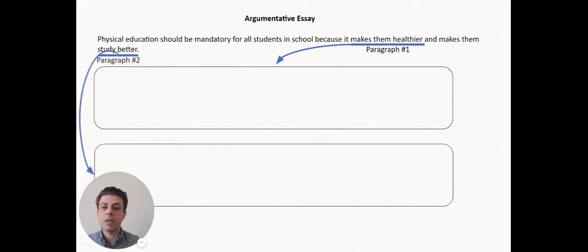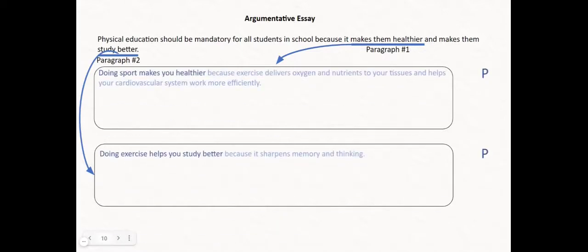And the second reason is it makes them study better, which is going to be our paragraph 2. Each paragraph has to have a topic sentence, or the P part of the PEE method, which is an argument supporting the thesis statement of the argumentative essay, or the author's stance, which is the thesis statement.